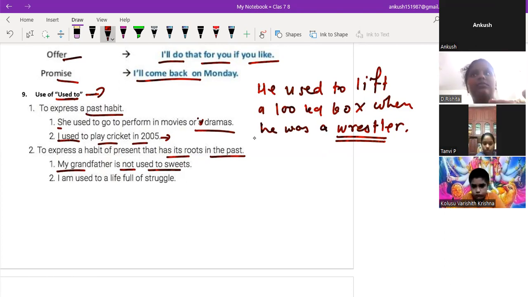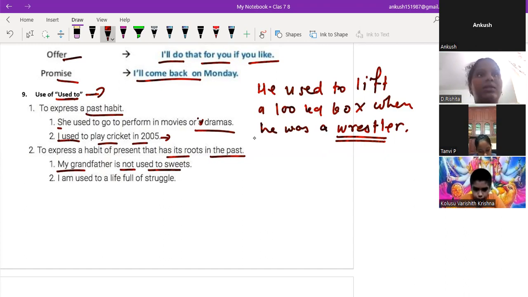He doesn't like sweets. I am used to a life full of struggle. Used to a life, in the sense the life was very difficult for me to survive. The life was not that easy to live or to survive. Now it is somewhat on the rail.